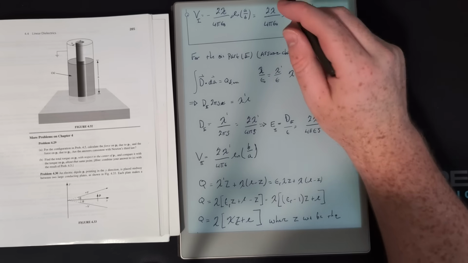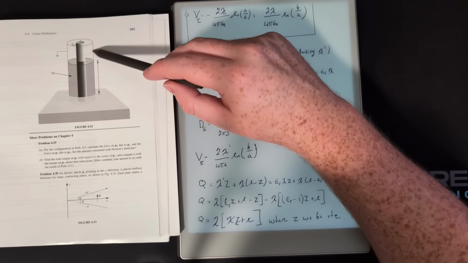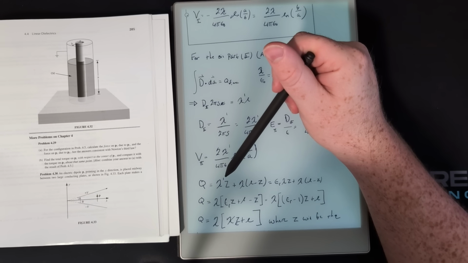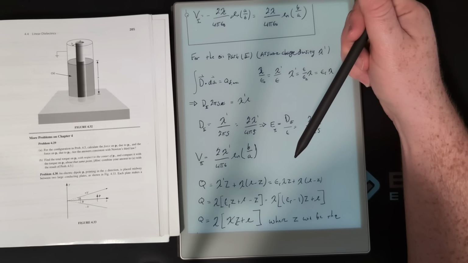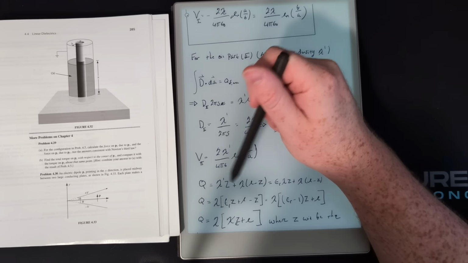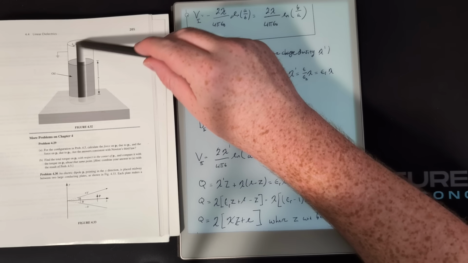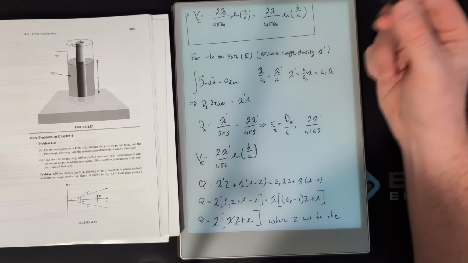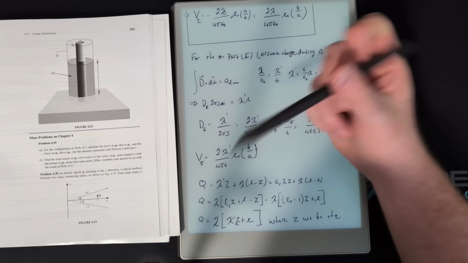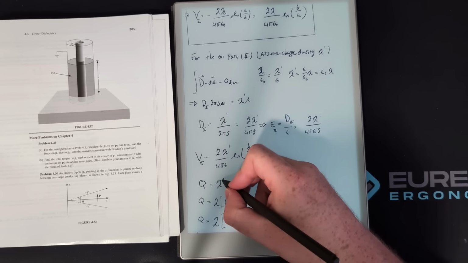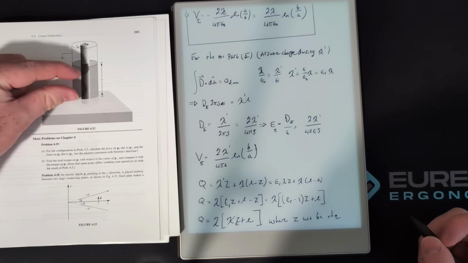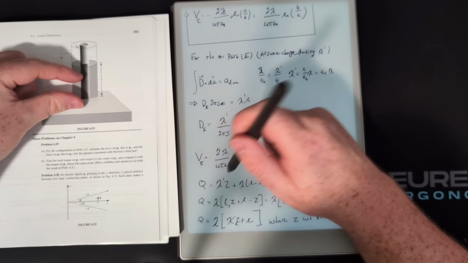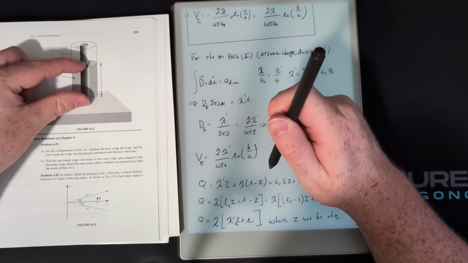So now we know what the potential is in both regions, the potential difference between the two plates. Now we need the total charge Q, right? Because the capacitance is Q over V. So the total charge, well, all the charge lives on this inner cylinder, this inner conductor. So it's going to be this charge density lambda prime that's in the dielectric portion, times Z, where Z is whatever height the oil covers.